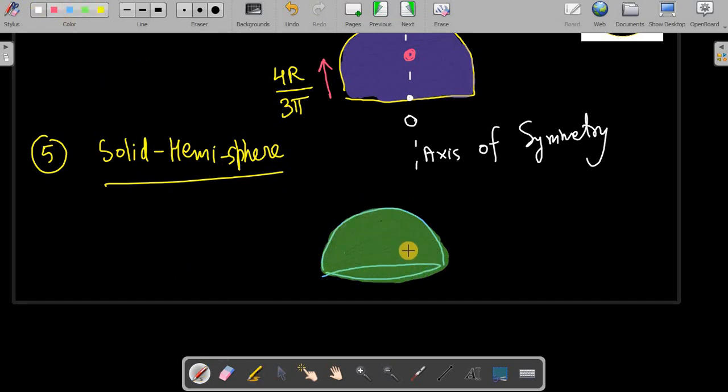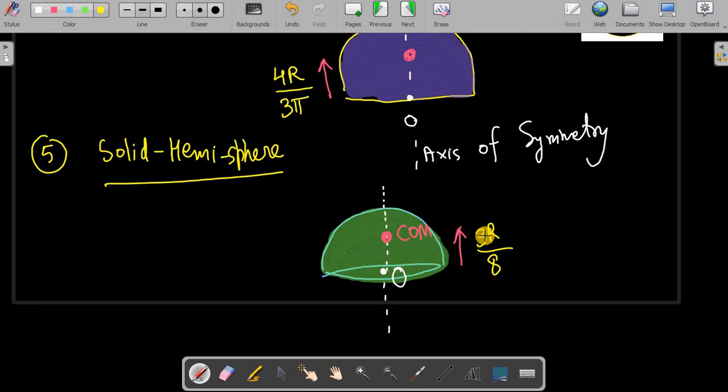Here again the axis of symmetry will be the axis passing through the center. Center is O and the center of mass will lie somewhere here. This is the center of mass. How much distance will the center of mass be from O? That we should know, that is 3r by 8. Okay, 3r by 8.